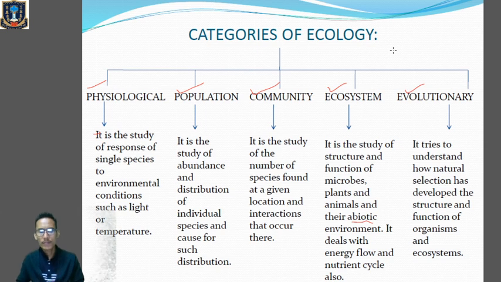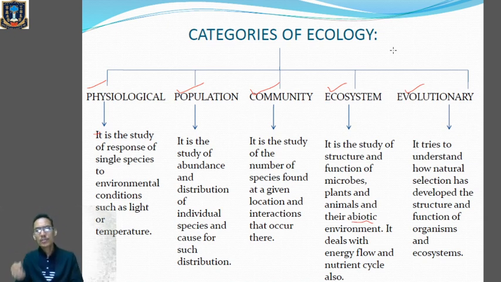So these are the five major categories of ecology. Physiological ecology deals with the interaction of a species with environmental conditions. Population ecology is where we learn about the abundance and distribution of species and the regions of their distribution. Then comes community ecology, where we learn about the number of species present in a particular area and the interaction between them.